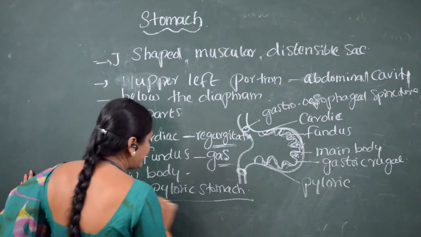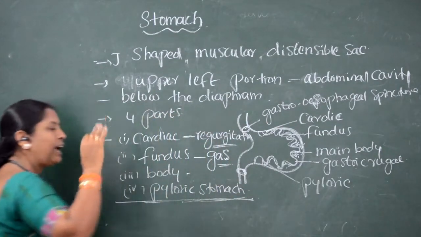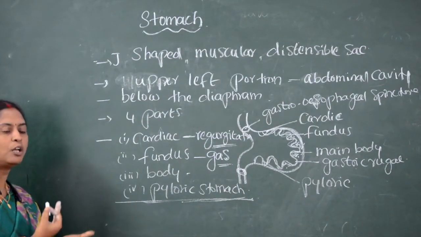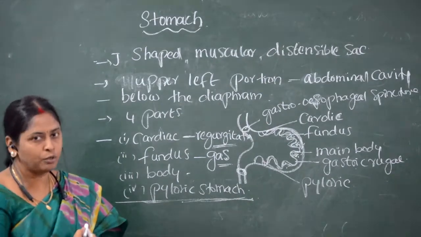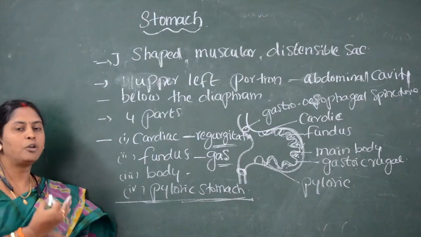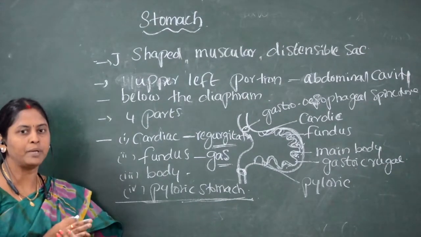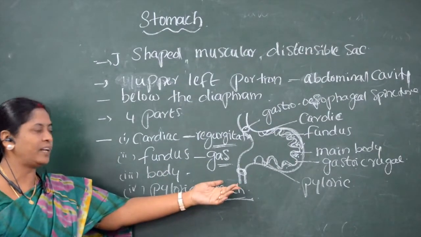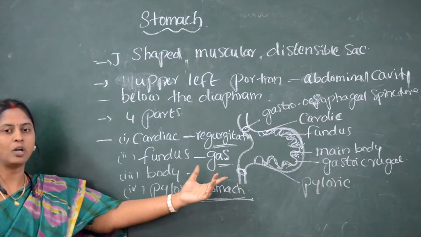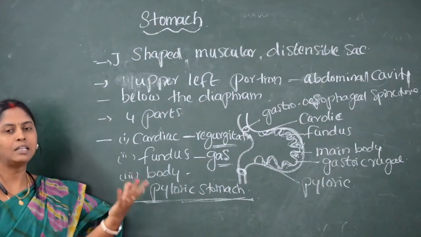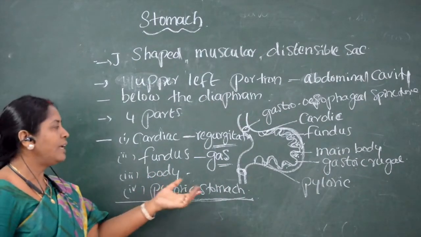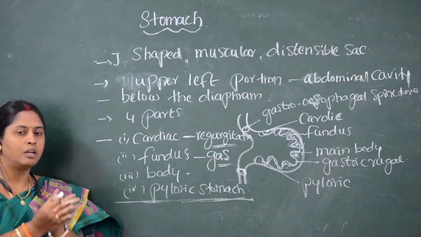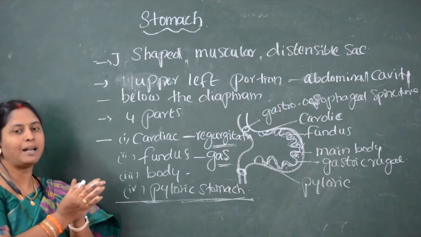Now we will have a glance at the stomach of ruminant organisms. Ruminant organisms, in Telugu, we call Nemarvese Jentuvulu. The stomach in ruminant animals is different from human beings and some other organisms. Why is it different? Because they are herbivorous organisms, meaning the animals which depend on plant material.